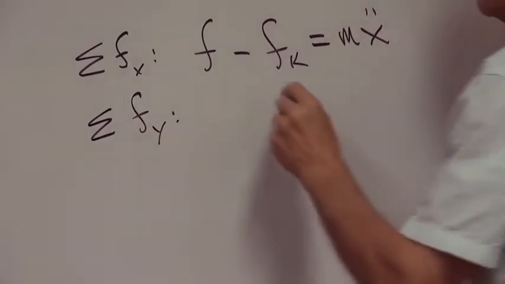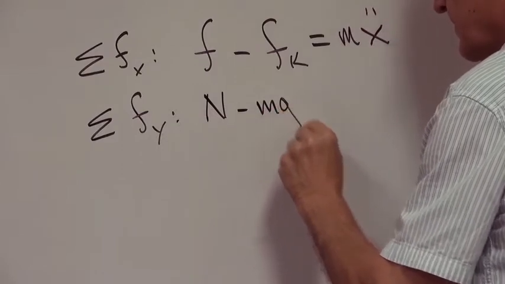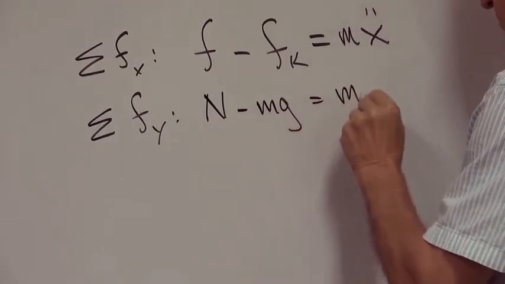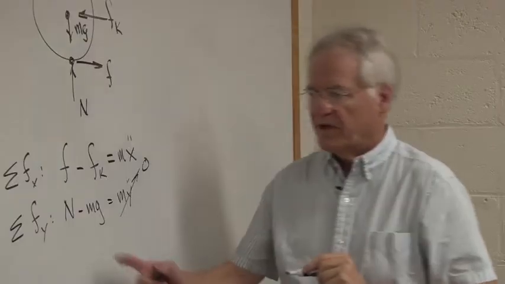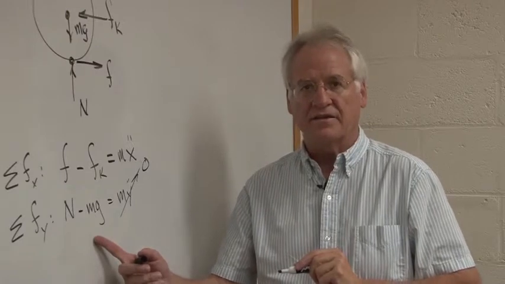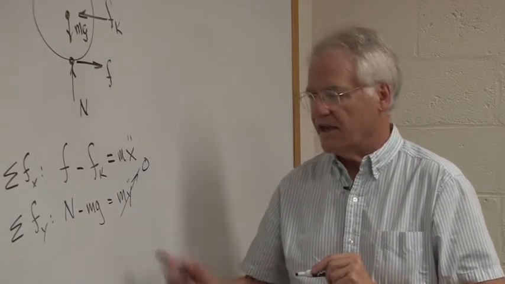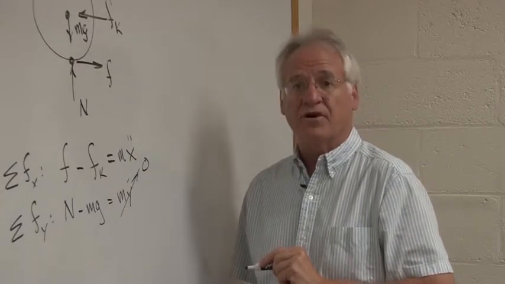Summing forces in the y direction, we have the normal force vertical, the weight going down, and equals m y double dot, which is 0.